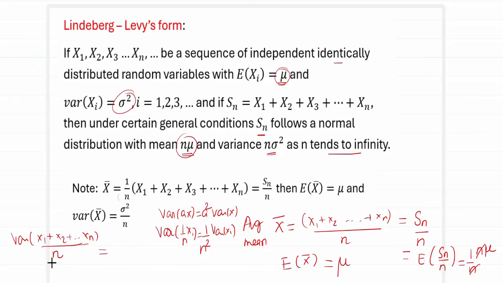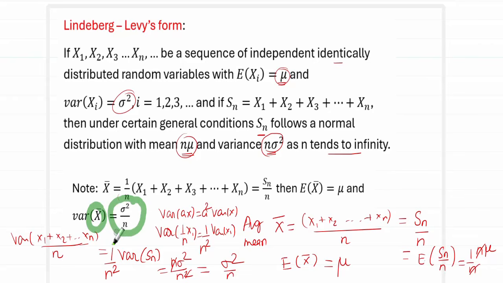So the constant 1 by n comes outside as 1 by n square, and you have the variance of your Sn. What is the variance of Sn? It is n sigma square. So you have n sigma square divided by n square. One of the n cancels off, leaving you with sigma square by n. Hence, you have the variance of x bar equal to sigma square by n, and the mean of x bar equal to mu.